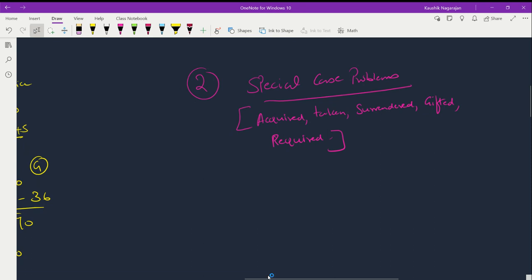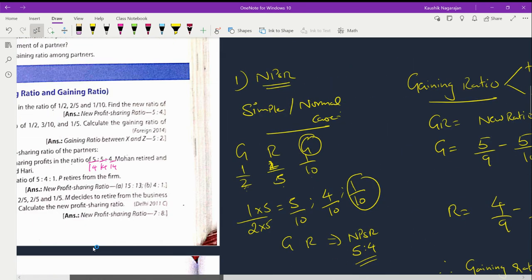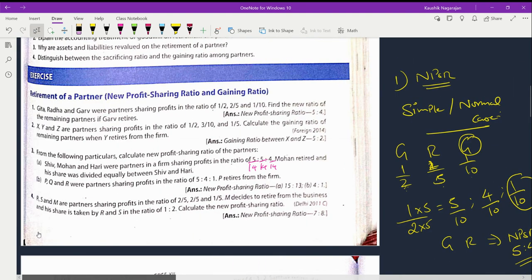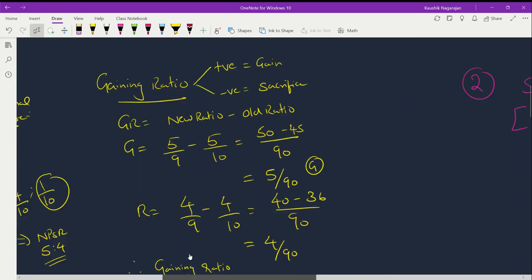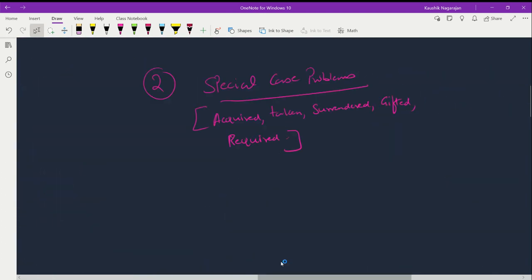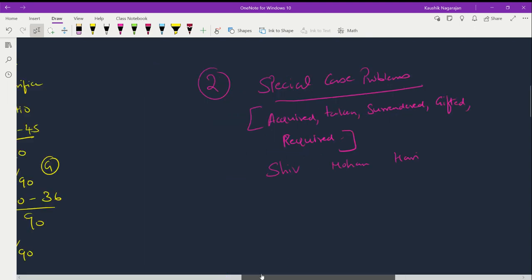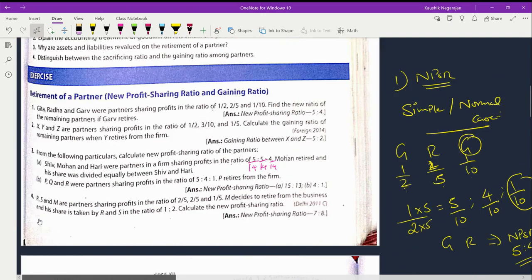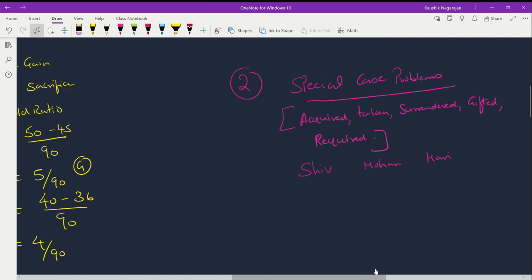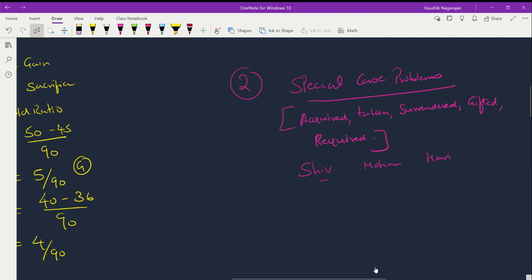Now, in this problem, we have got two cases. Let's see what is given in the first case. The three partners are Shiv, Mohan, and Hari. Let me first write down the partners' names. Their profit sharing ratio given in the question is 5 is to 5 is to 4.